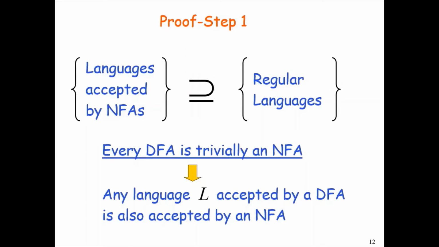Now we have to prove that NFA and DFA are equivalent in power. The first step of our proof is that every DFA is itself an NFA, which is easy.